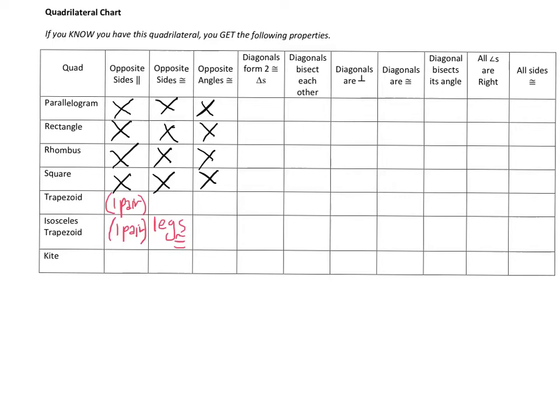For a kite, this one's a little tricky. Let me just draw it down here. If we have our kite here, where these two sides are congruent and these two are congruent. Now, opposite angles, it looks like they might kind of be. A great way to look at this is to break it in half like this and make that a right angle.